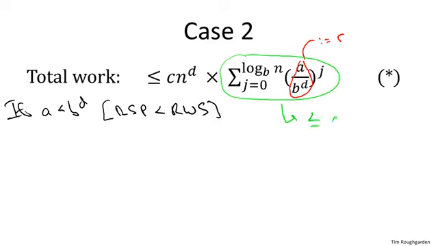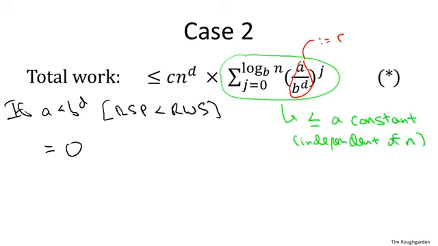So what is this sum? This sum is we're just summing up powers of this constant r, where r is less than 1. What did we just learn? We just learned that any such sum is bounded above by a constant, independent of the number of terms that you sum up. So therefore, what does this expression star evaluate to? It evaluates to c, which is a constant, times n to the d times another constant.